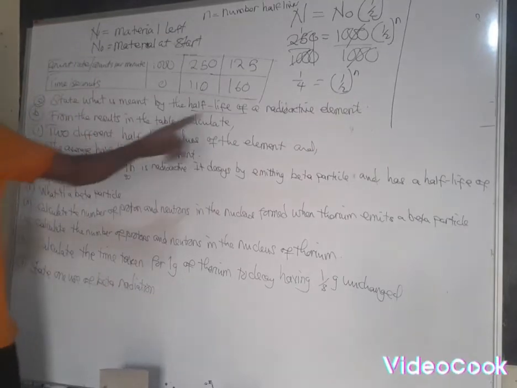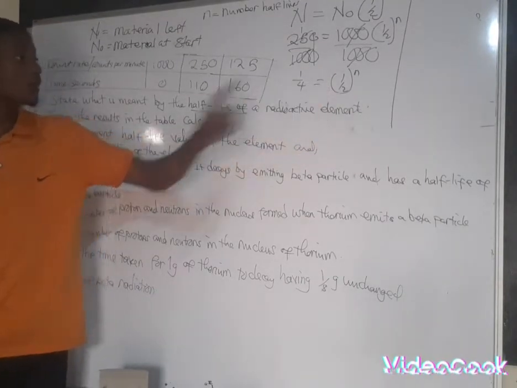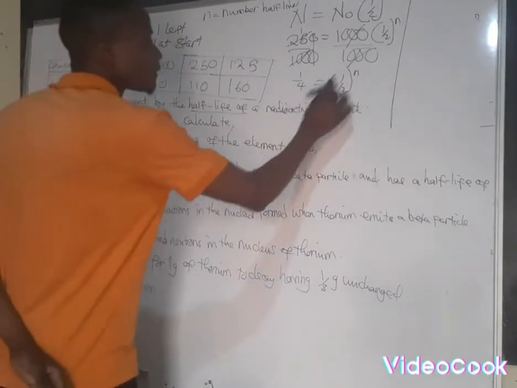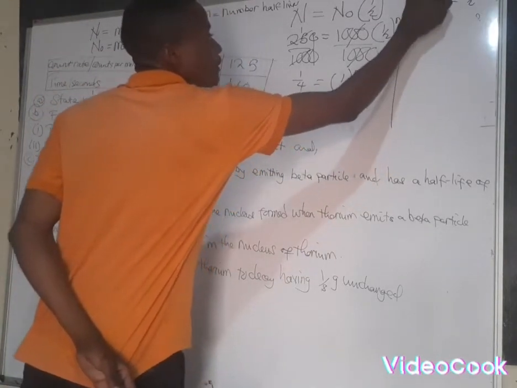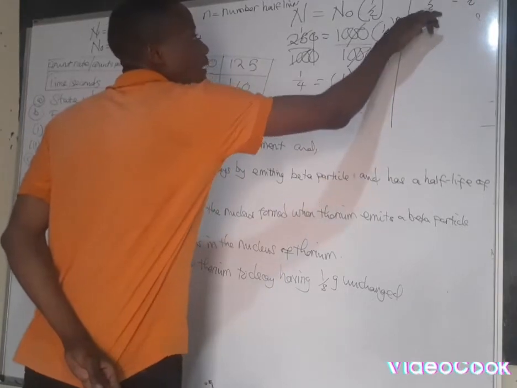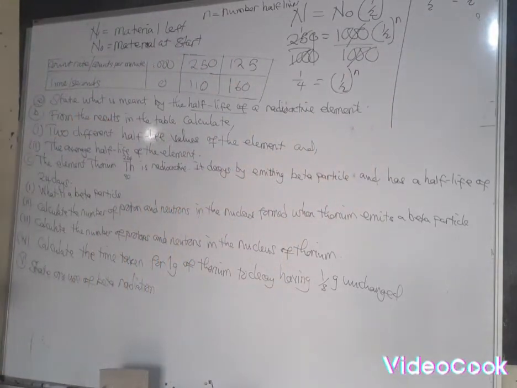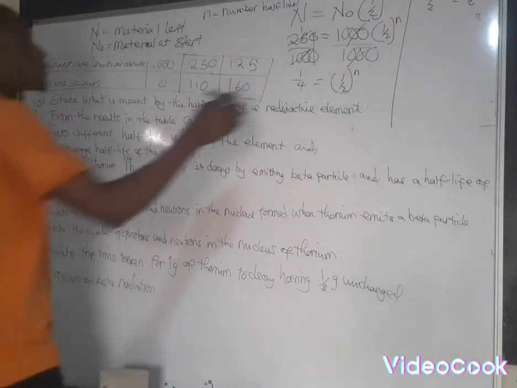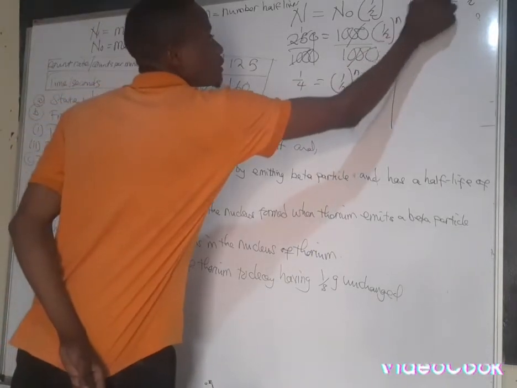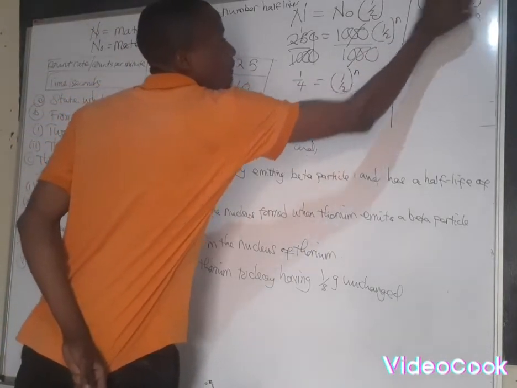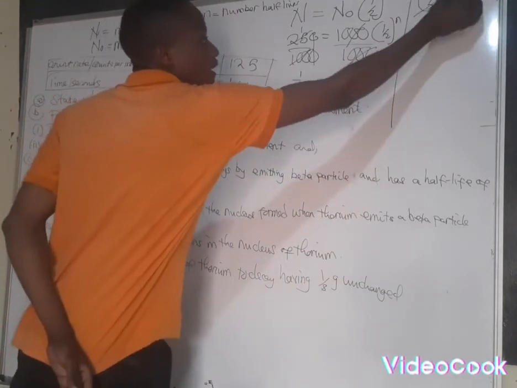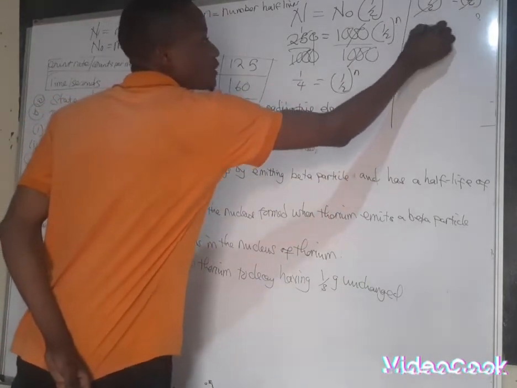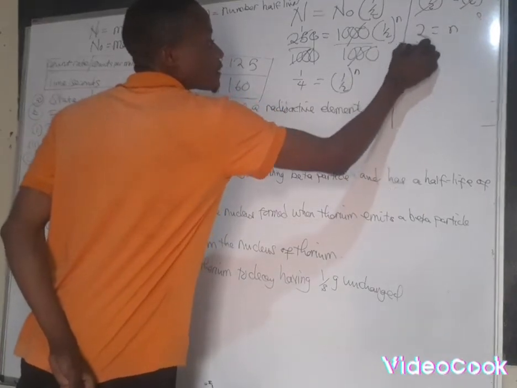So we have 1 over 2 to the power n, and here we are going to have 1 over 2 as well. What number can you power 1 over 2 to get 1 over 4? It's 2. Okay, good. So you have 1 over 2 to the power 2, and there we have the power n. Once you have the same bases, you cancel them out, and you remain with 2 is equal to n, which is the same as n is equal to 2.